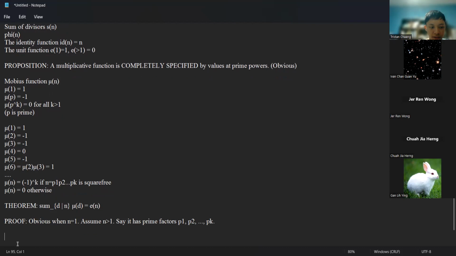So the left-hand side is actually just the sum, let's say this set of primes is S, over all subsets T of S, of (-1) to the size of T. Every square free divisor is the product of some subset of S.